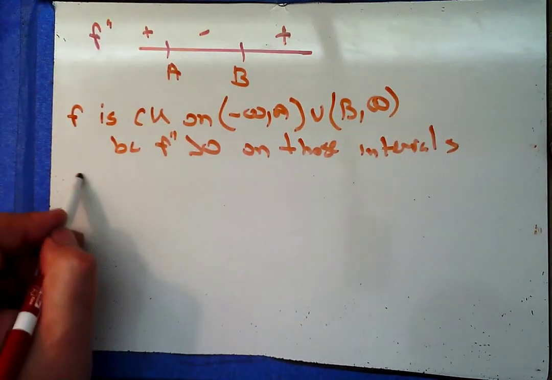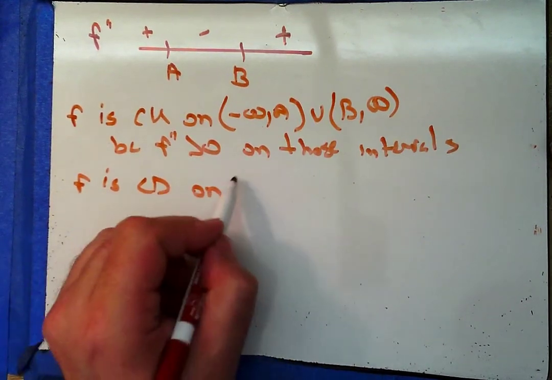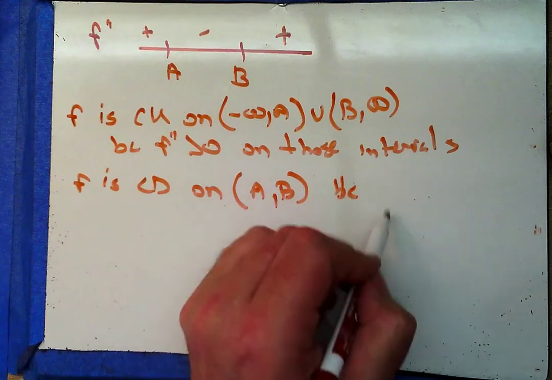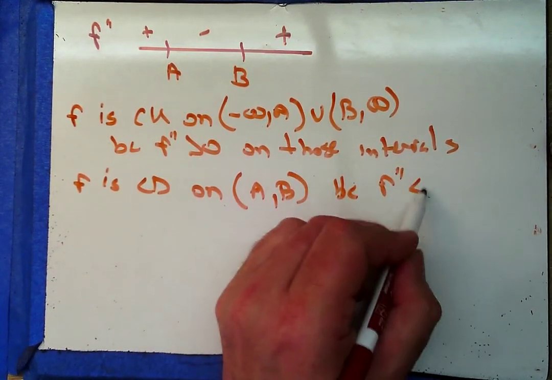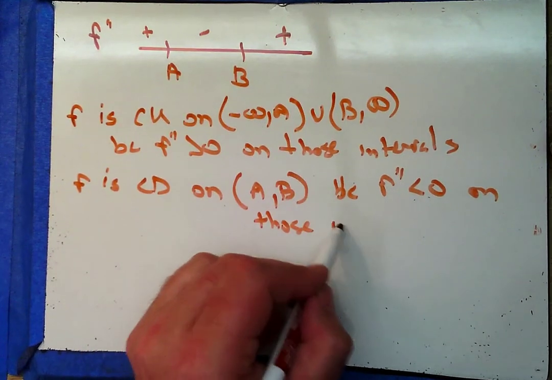I could also say f is concave down on A to B, because f double prime is less than 0 on that interval.